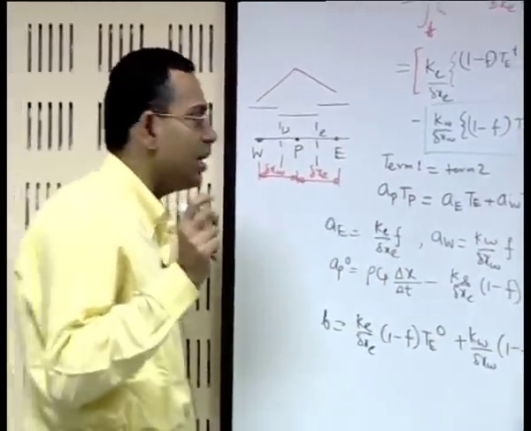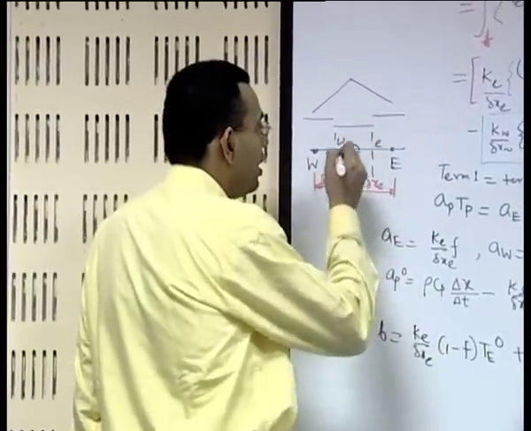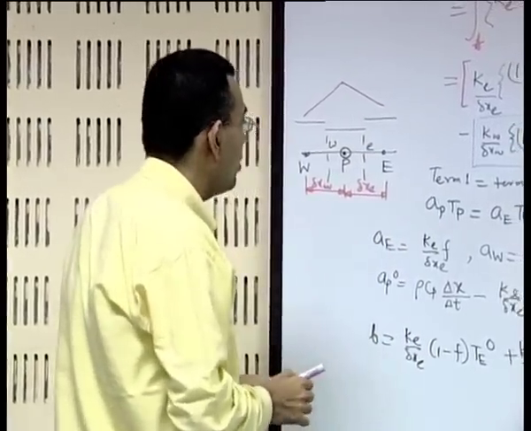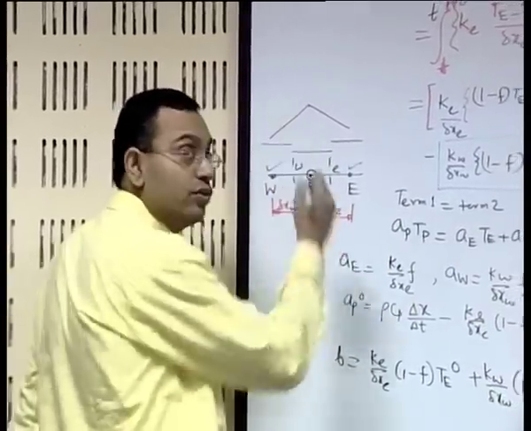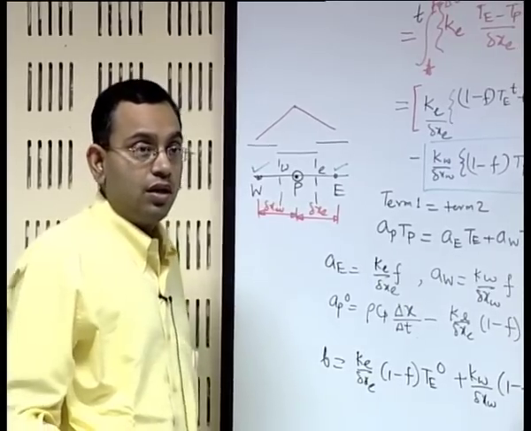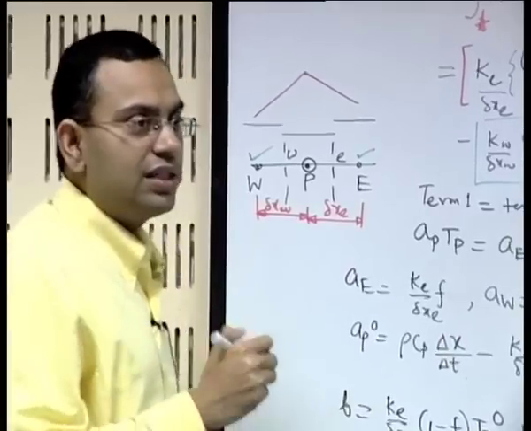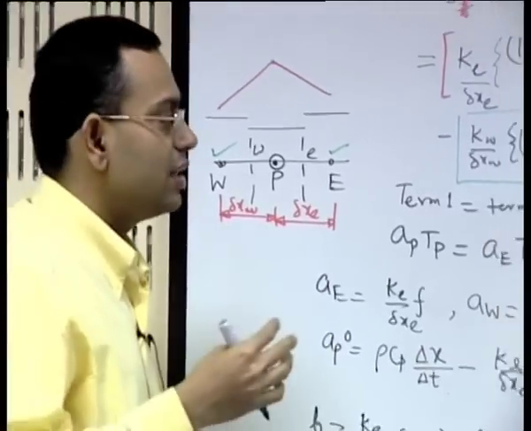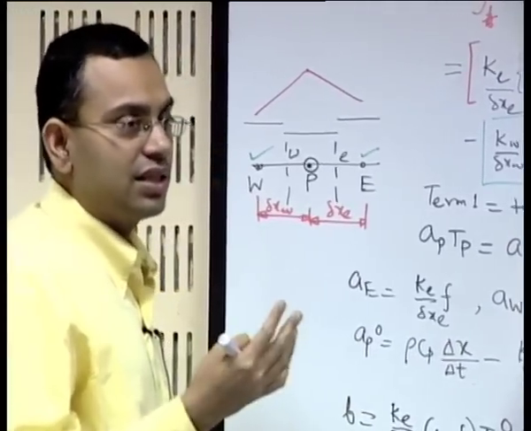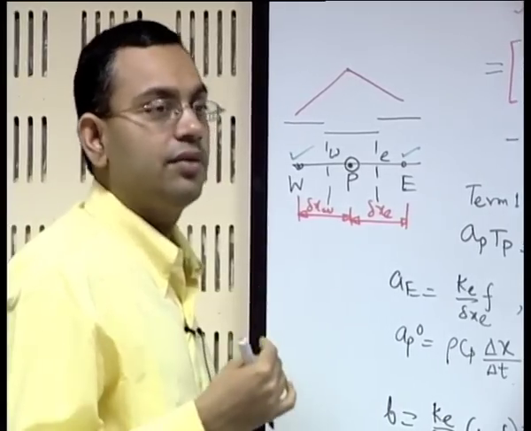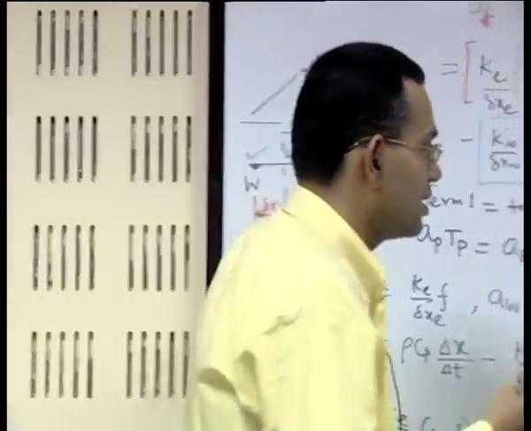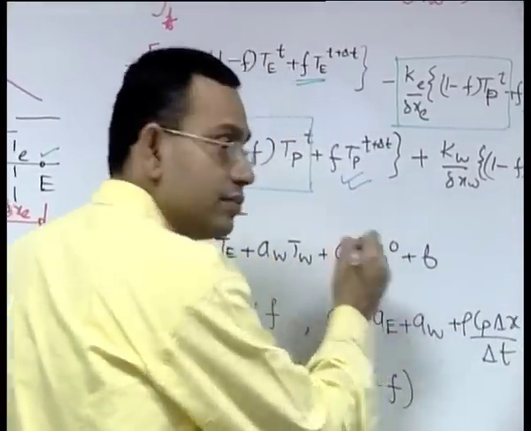One is a spatial neighbor: for the point P the spatial neighbors are point E and point W, but for the same point P at time t plus delta t there is also a time neighbor, that at time t.